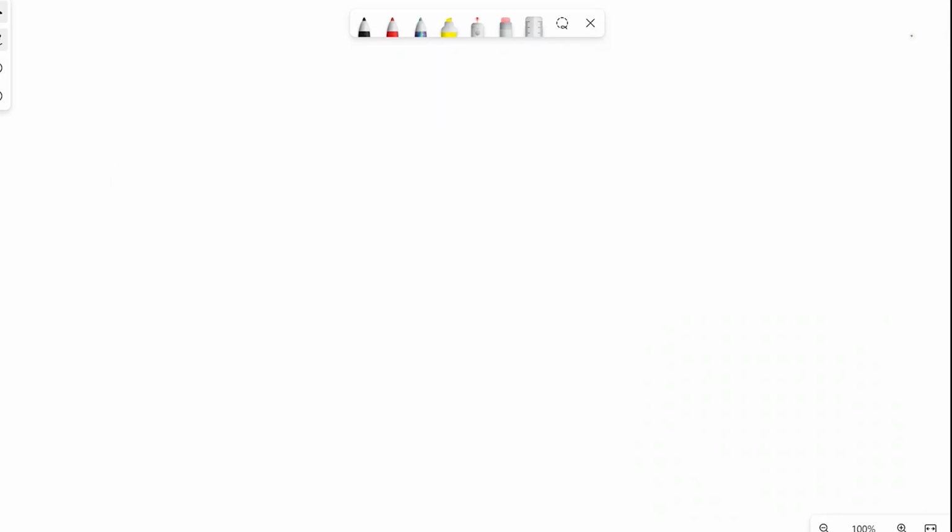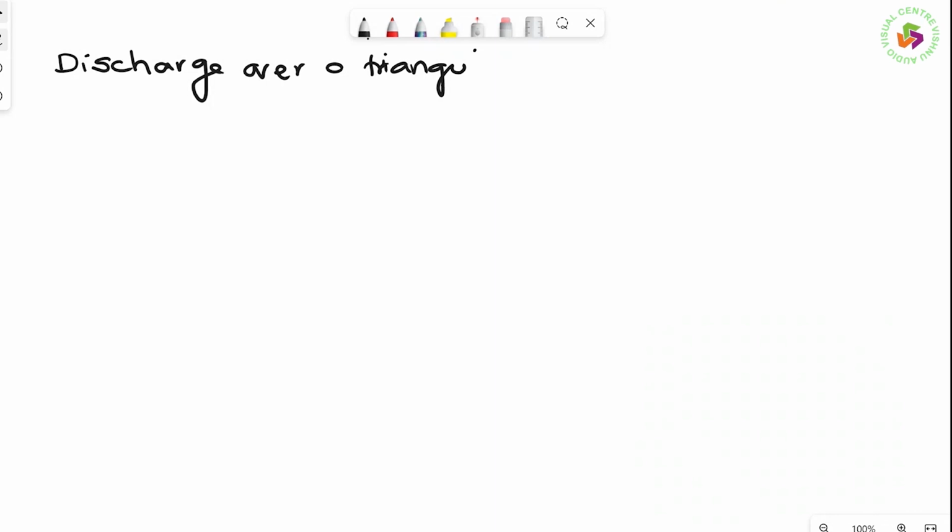The first one is discharge over a triangular notch. This is also called a V notch.